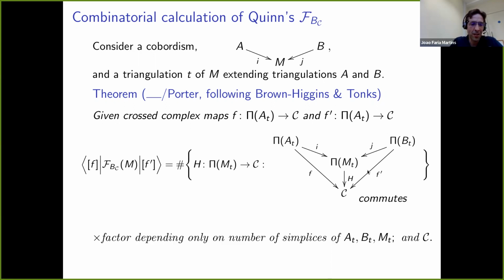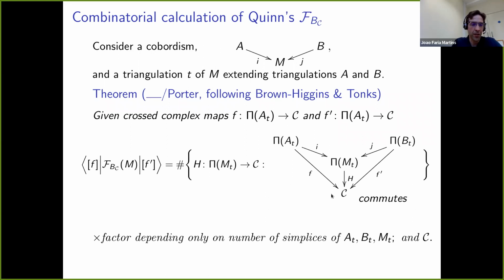to multiply, but these are factors that depend only on the number of simplices of the manifolds and on the crossed complex. So for example, a factor could be the number of vertices of M, a factor could be the cardinality of the group G to the power of the number of vertices of the manifold, something like this. So something which is universal for all cases.